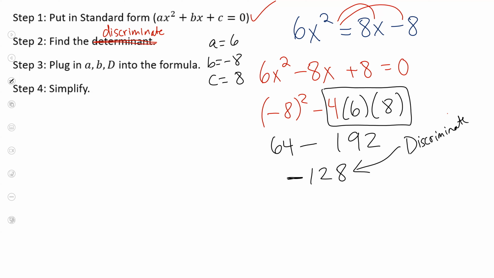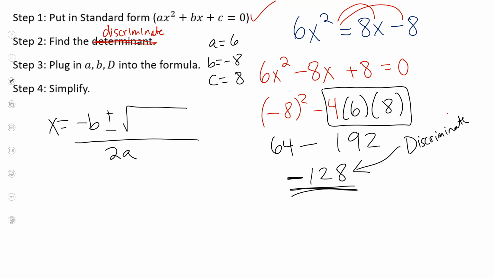Okay, so now let's plug it into the formula. X equals negative b plus or minus square root all over 2a. What goes underneath the square root? Yep, so we just found the discriminant. It's negative 128, so that's what goes under the square root symbol. Negative 128.